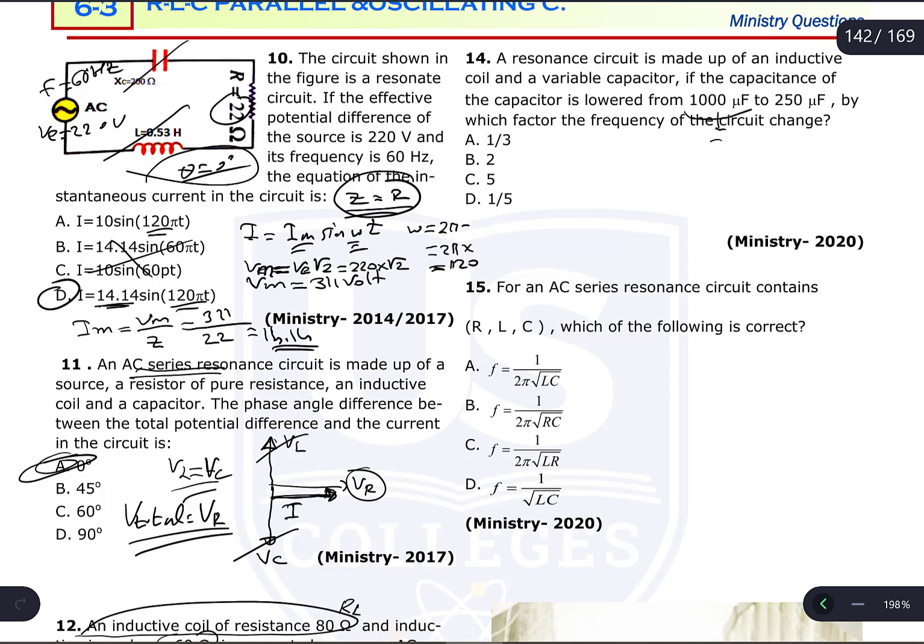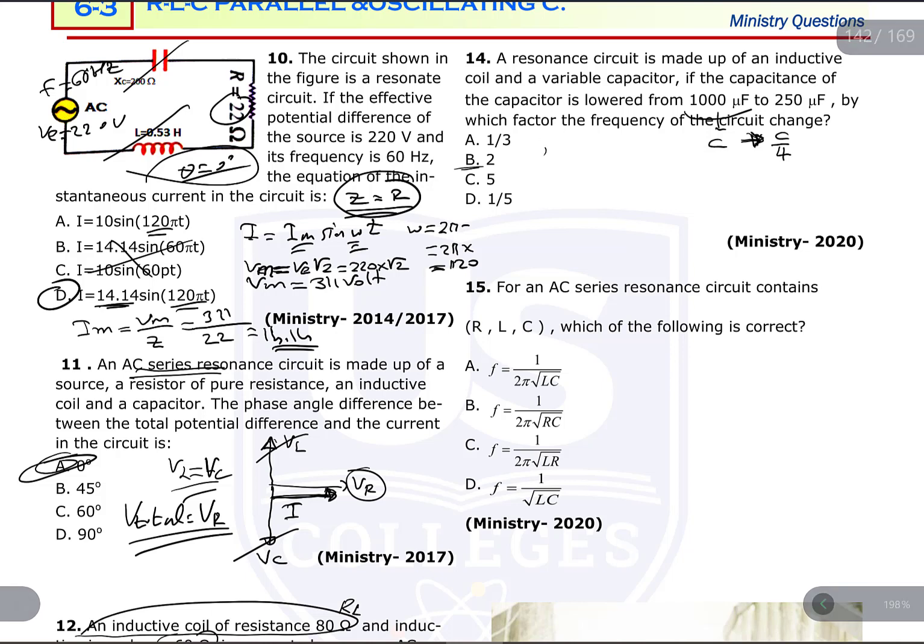If you say 1000 is C, 250 will be C over 4, because if we divide 1000 by 4, we get 250. And we know that as capacitance decreases, frequency increases. Capacitance decreases by 4, but frequency must increase not by 4 but by root of 4, because there's a root in the equation. Root of 4 is equal to 2. You can go that way.